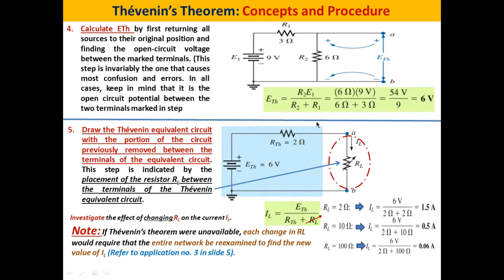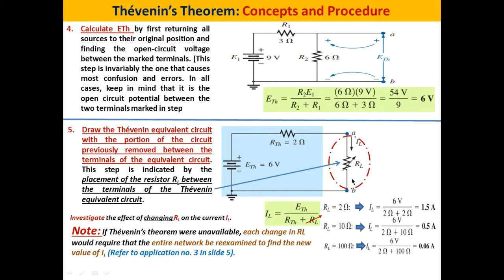Once we have R Thevenin and E Thevenin, we can now draw the circuit and replace the portion which is highlighted in blue by its Thevenin equivalent circuit. This circuit is now replaced by its Thevenin equivalent circuit with E Thevenin equals 6 volts and R Thevenin equals 2 ohms.